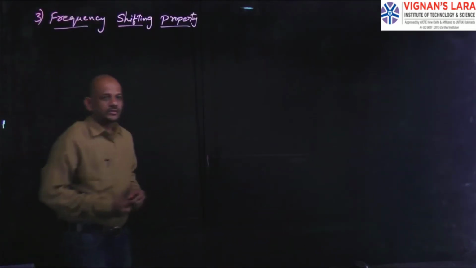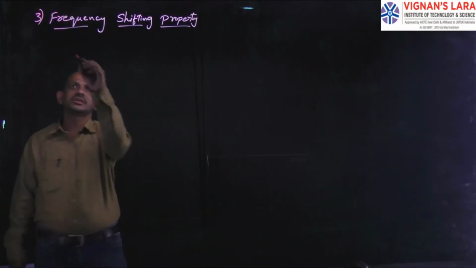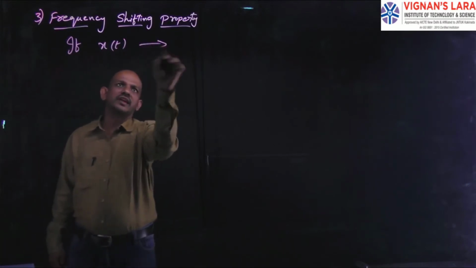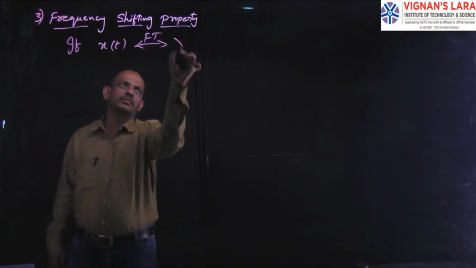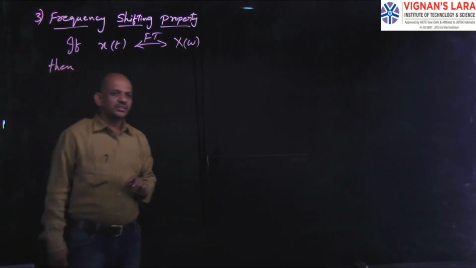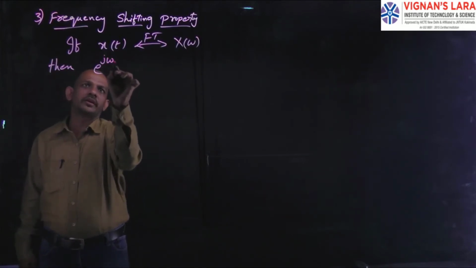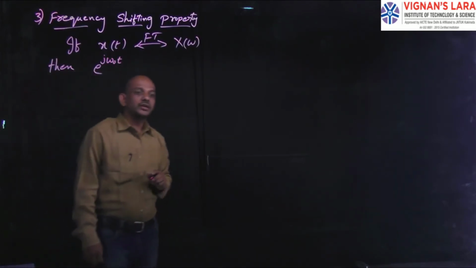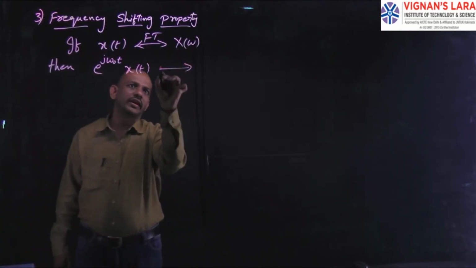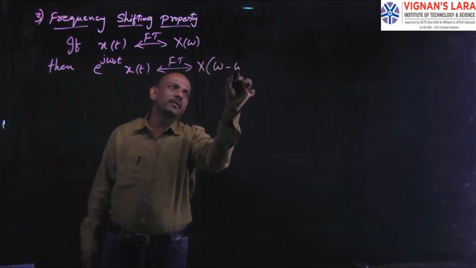Now the next one, that is the third one, the frequency shifting property. We all know the frequency shifting property. That is, if x of t has Fourier transform capital X of omega, then the frequency shifting property states that e power j omega naught t into x of t will have the Fourier transform X of omega minus omega naught.